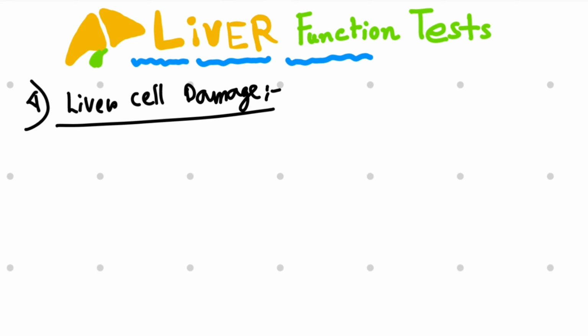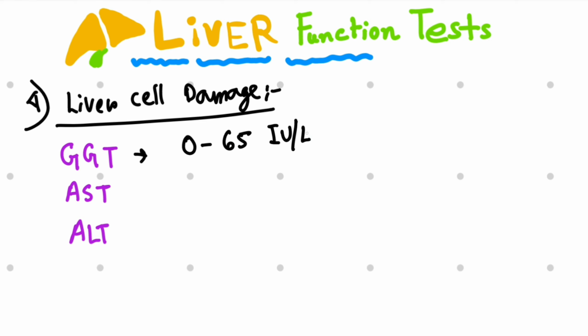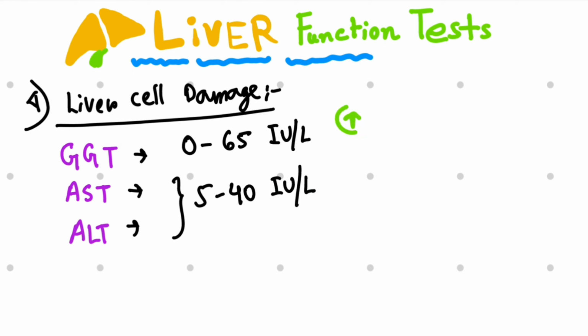Now, how can we assess the liver cell damage? For that, we have GGT, AST, and ALT. Normal value of GGT is 0 to 65 international unit per liter. For AST and ALT, it is almost 5 to 40 international units per liter. Now where is this GGT raised?